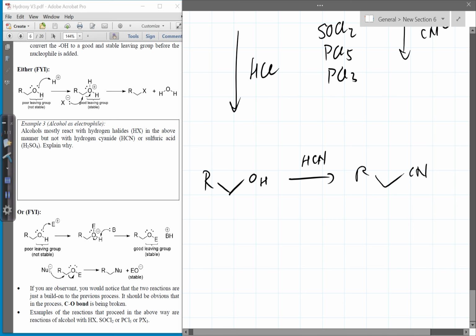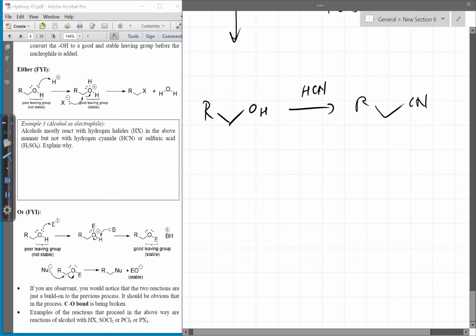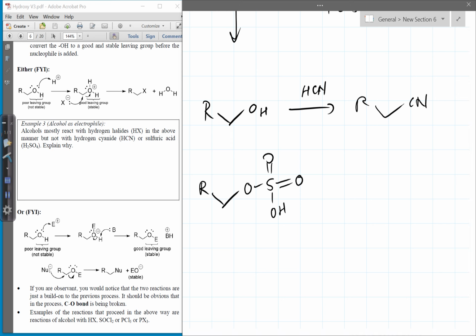Why doesn't it work? And how come for sulfuric acid you don't get the same reaction, for example, you get O, S, OH? Why won't you have these species? Poor leaving groups. They're all poor leaving groups. We talk about the first one first.